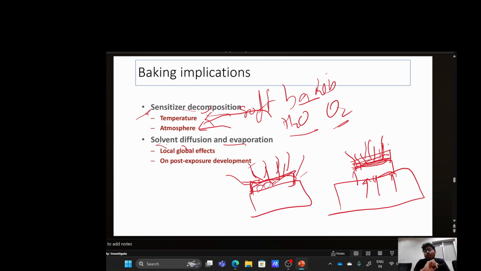So you may find some small cracks, on the nanometer scale, in the film after the baking. These may affect the lithography process.